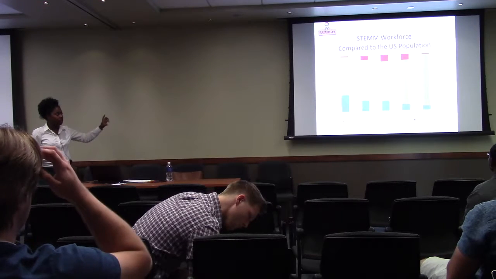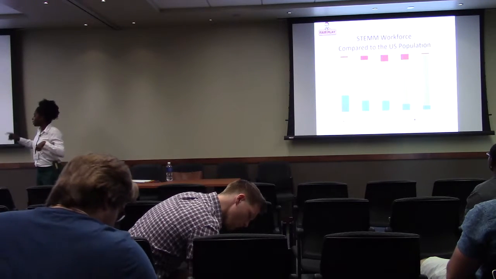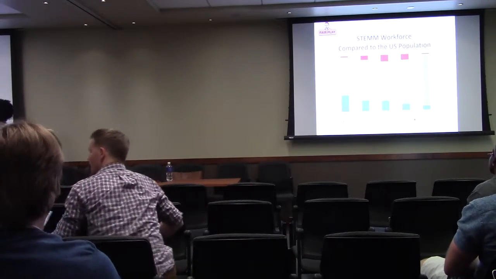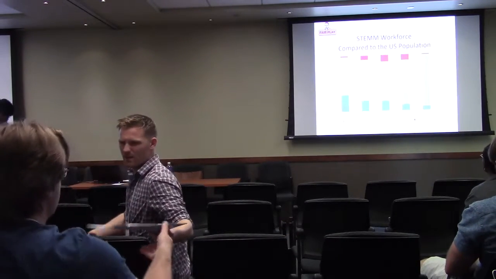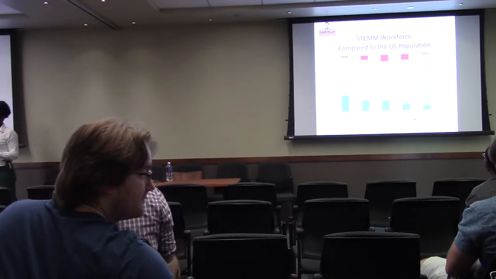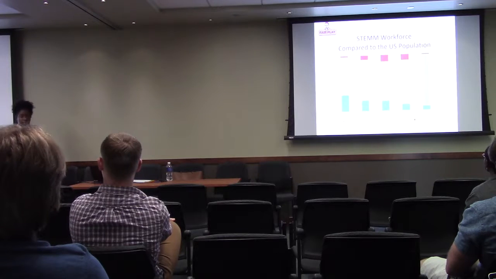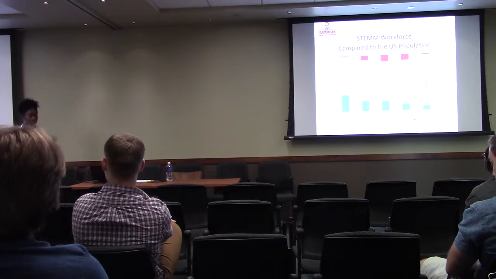You see that the blue section at the bottom includes Black or African Americans, Hispanics or Latinos, American Indian, and Pacific Islander. If we start out at 30% of the US population, we see how that decreases as we get towards the tenure track faculty position.